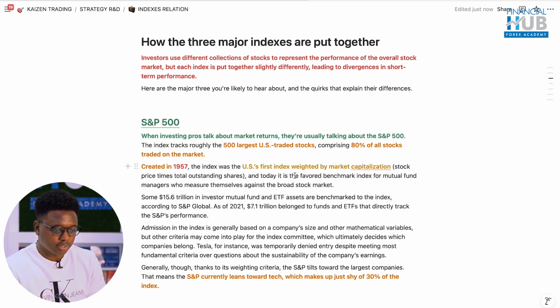Today it is the favored benchmark index for mutual fund managers who measure themselves against the broad stock market. Some $15 trillion in investor mutual fund and ETF assets are benchmarked to the index. Everyone trading the financial markets benchmarks their performance to how much the index has grown that year.